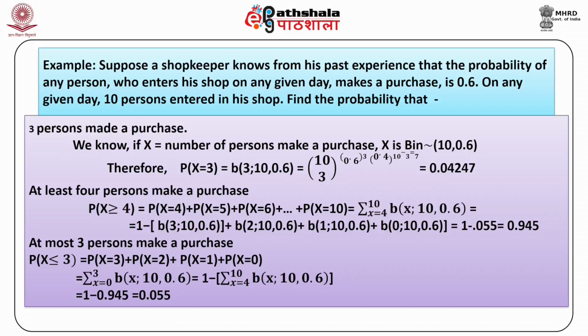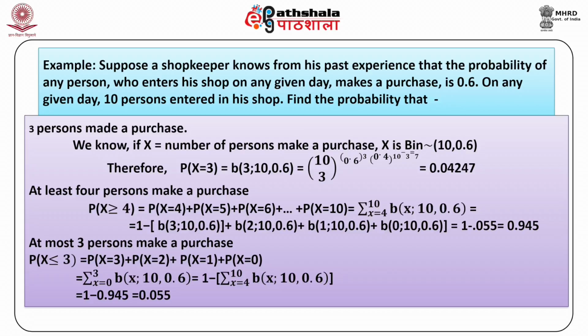Now on simplification, this comes out to be equal to 1 minus 0.055, hence is equal to 0.945. So what we are saying is that the probability that at least 4 persons make a purchase is equal to 0.945.